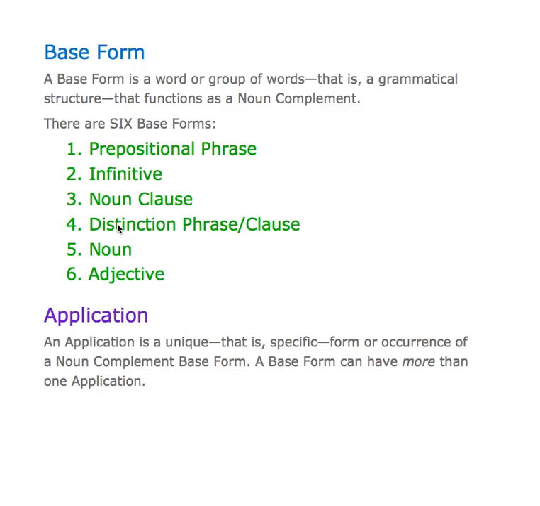That's a crappy term and I don't use it. Noun and adjective. Now for the application, an application is a unique, that is specific, form or occurrence of a noun complement base form. A base form can have more than one application. So let's look at examples of each.